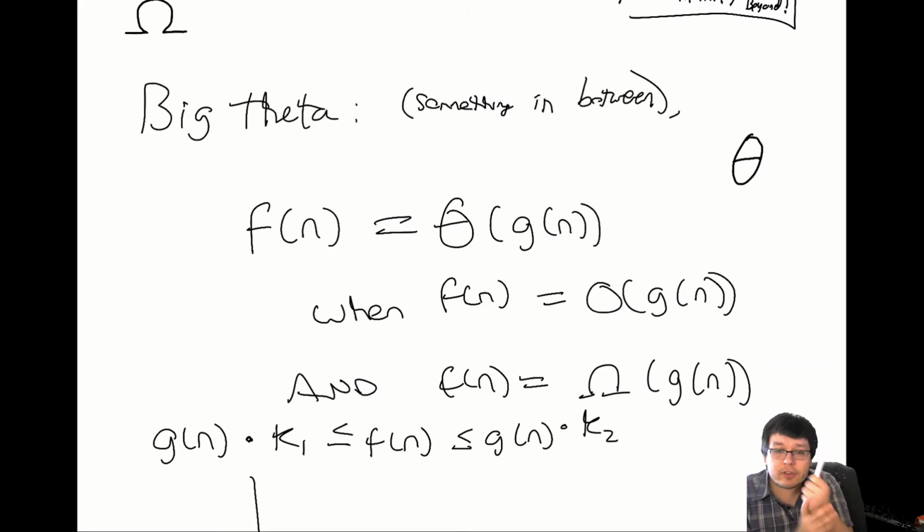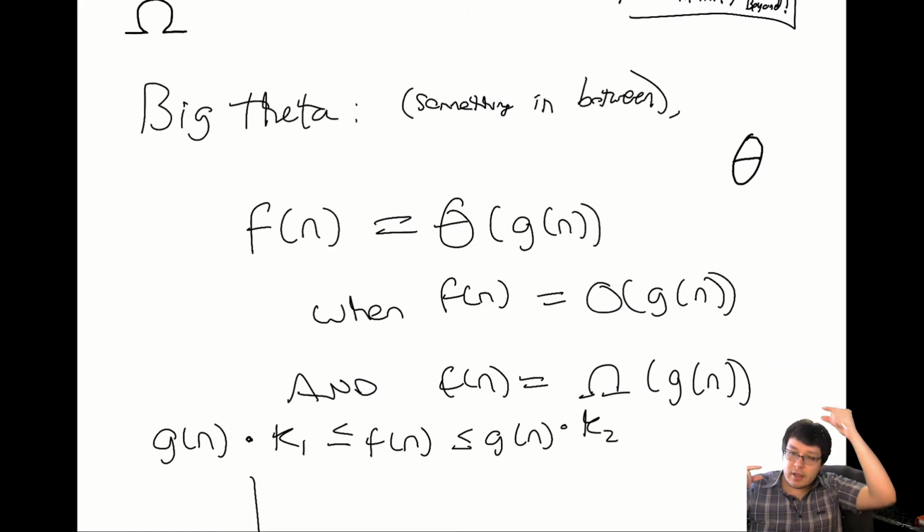So we're saying that G of n times the constant K1 is going to be your lower bound, and then G of n times K2 is going to be your upper bound, okay? So that's what we're saying. We're basically mixing both the constant from the big O and the constant that we found from the omega. And as long as we map these two, and this holds true, then we have essentially found the big theta. So big theta will always be in between.